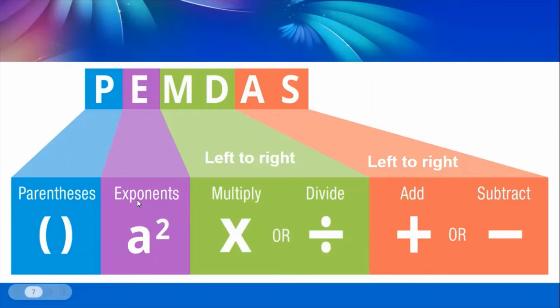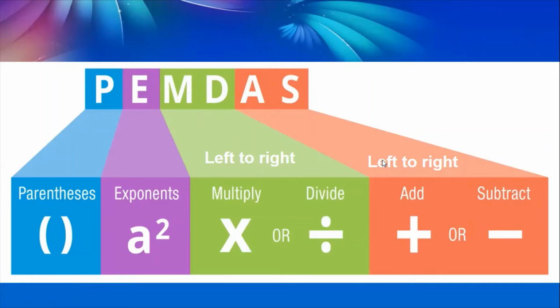The E stands for the exponent, the second one. The M and the D are in the same category, which is the multiplication and division from left to right, and the AS, which is the addition and the subtraction from left to right.